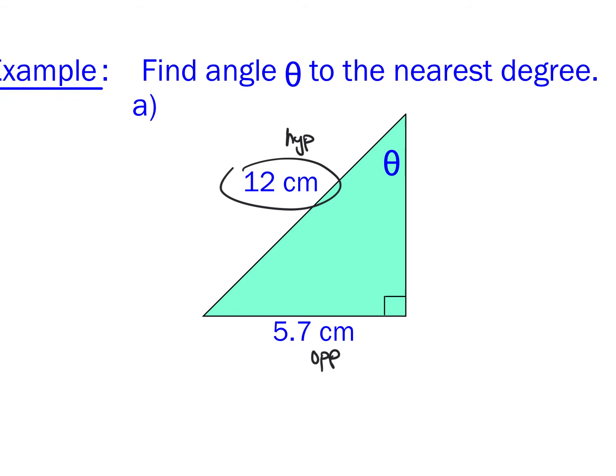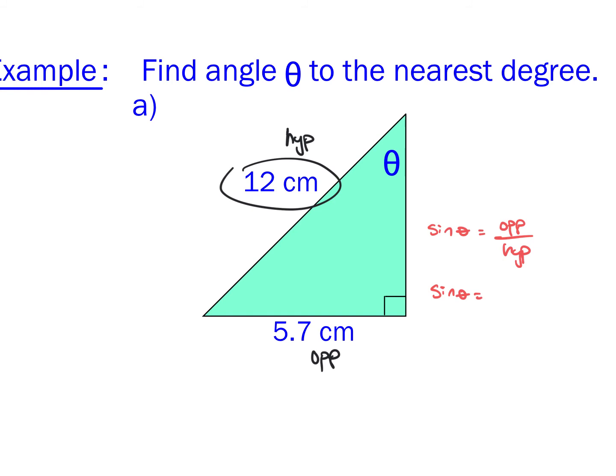So using SOHCAHTOA as our guiding principle, we know that we are going to be using sine. So it's going to be the sine of theta equals opposite over hypotenuse. Just a reminder from last lesson, sine is never over 1.